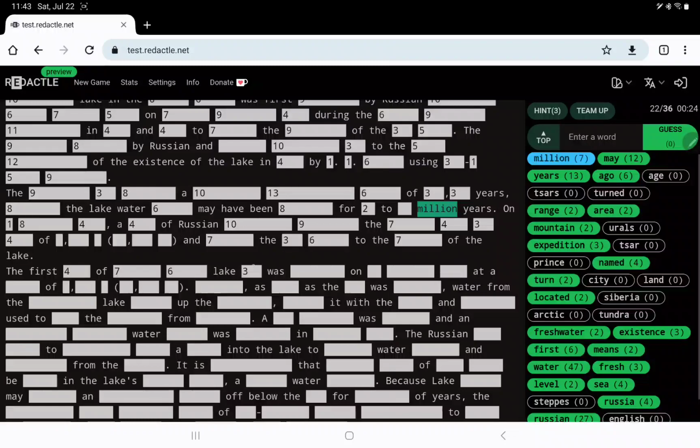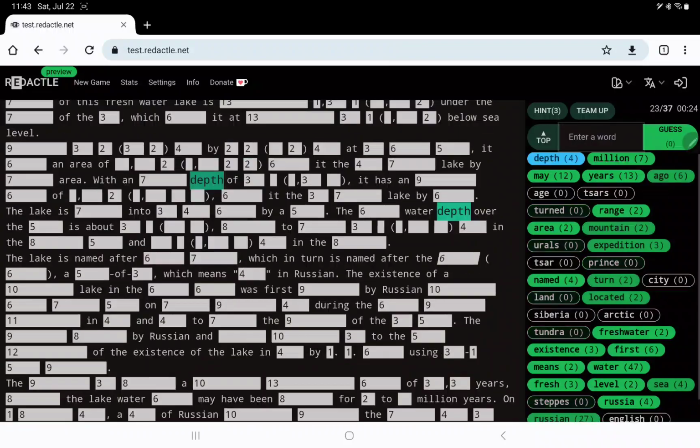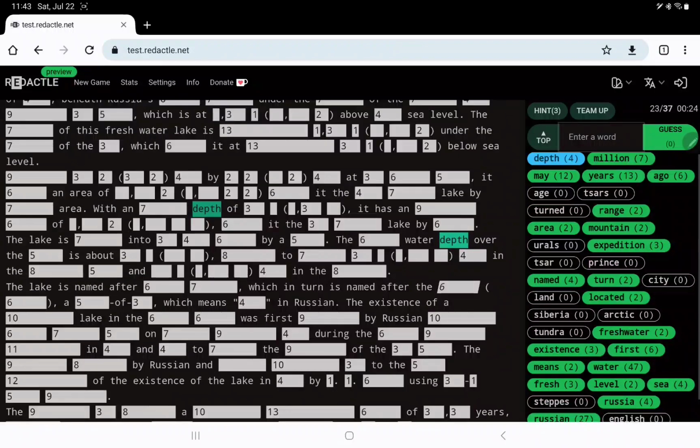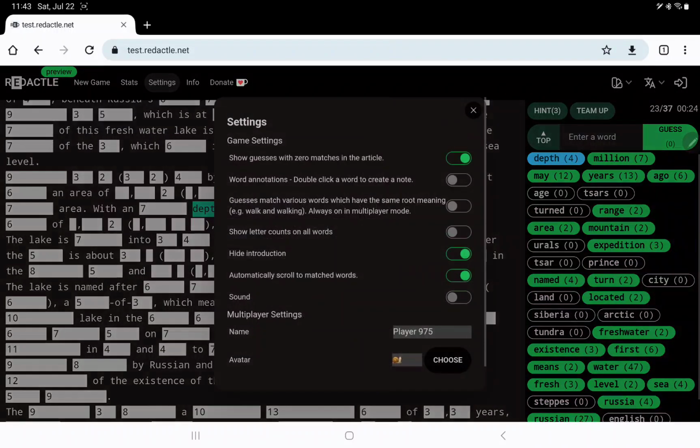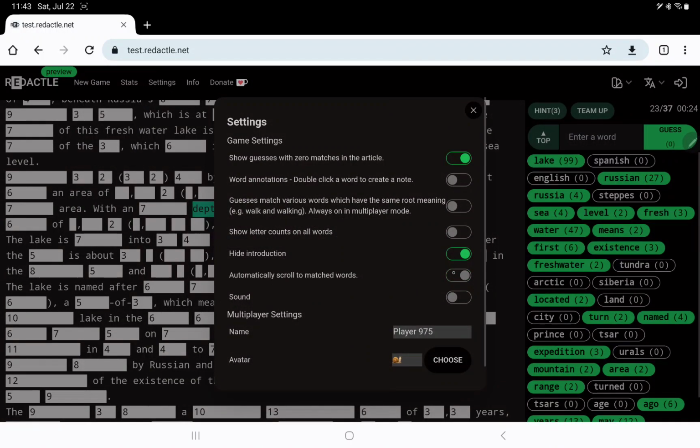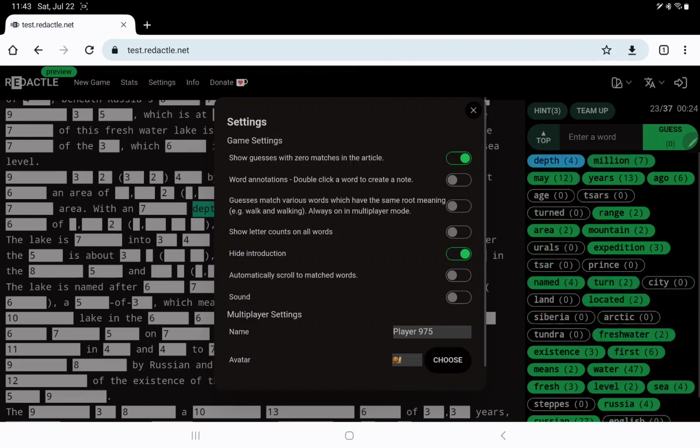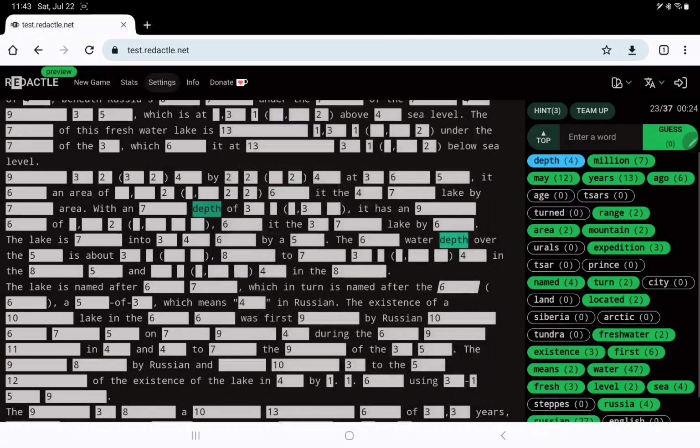The first something of Lake 3 at a something at a depth. Okay. Oh, I think I have in the settings to jump to the first match. So I'm going to turn that off. Okay, because I just want to see where I am.